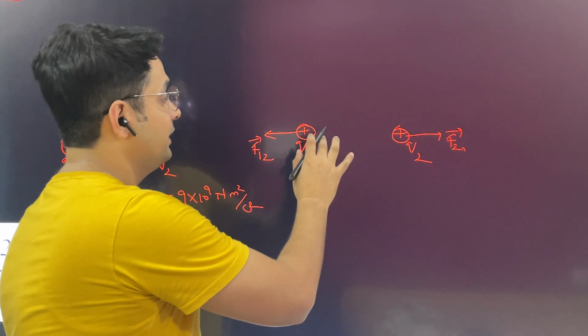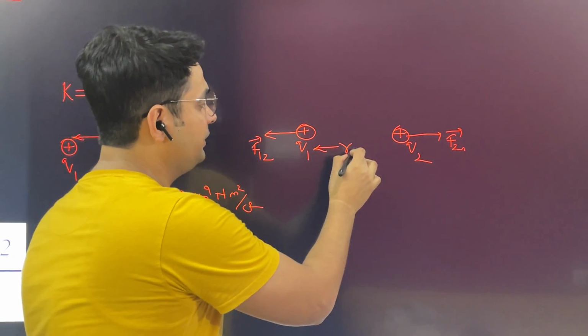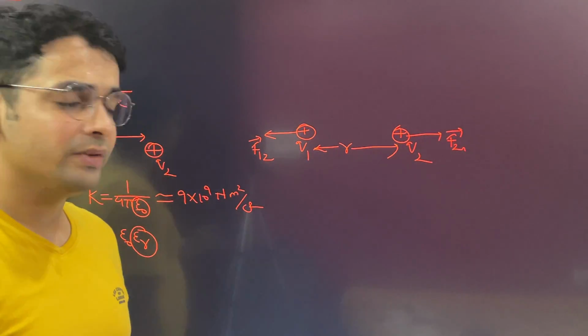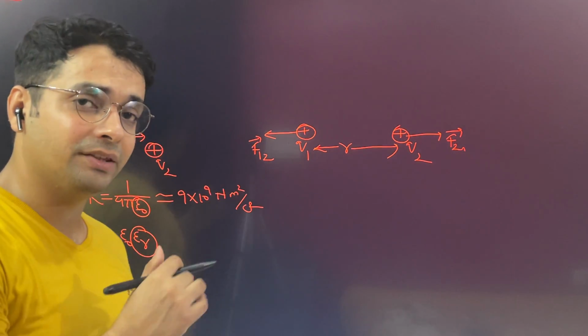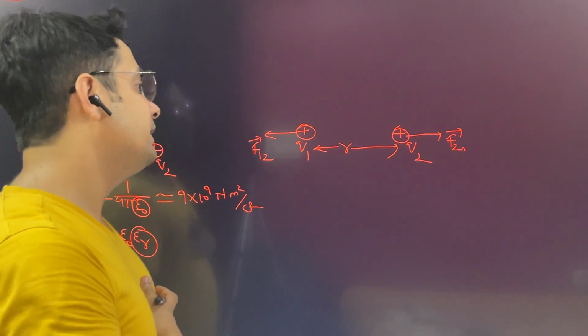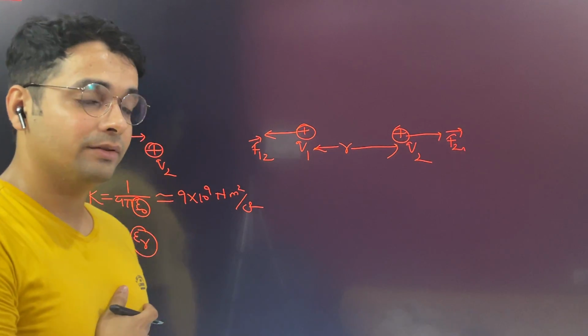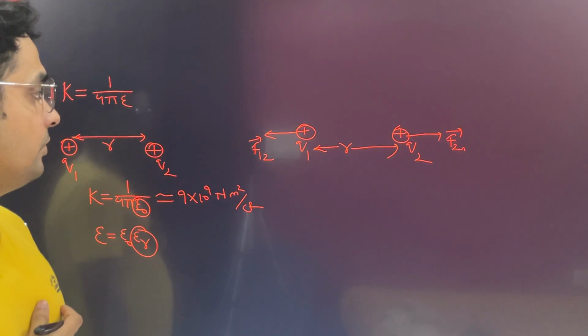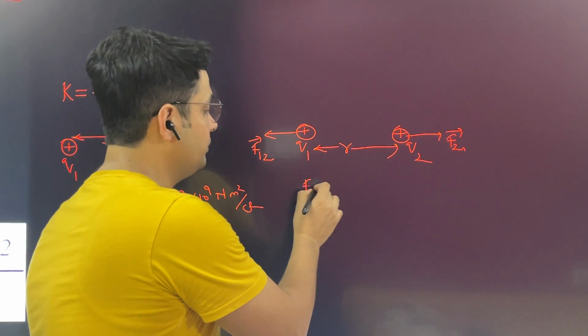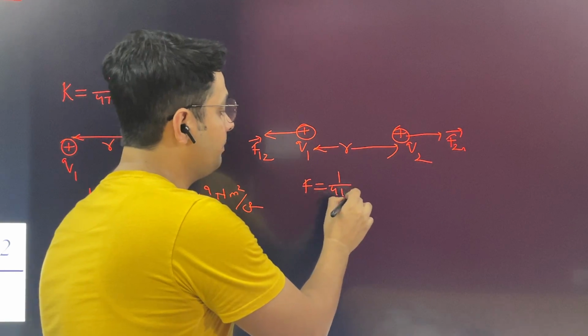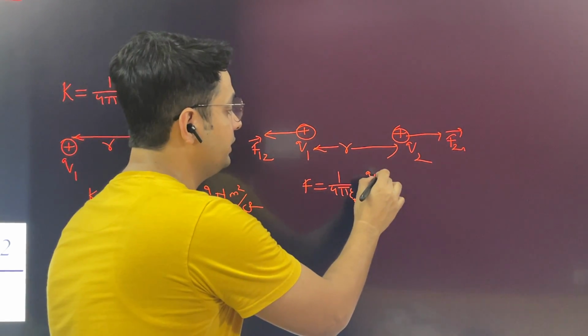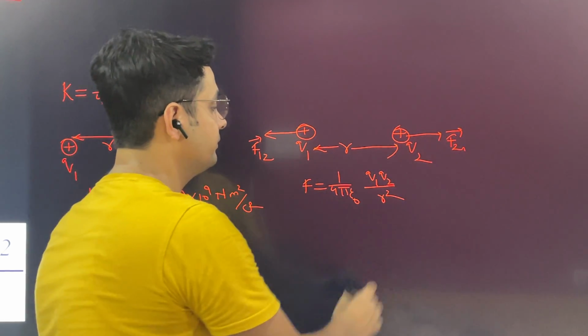The distance between these two is R, but no medium is there. The medium is free space. So here the force will be maximum between these two charges, and that value you write as F equals 1 by 4 pi epsilon naught Q1 Q2 by R square.